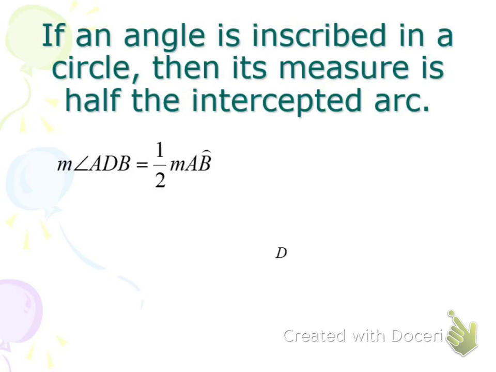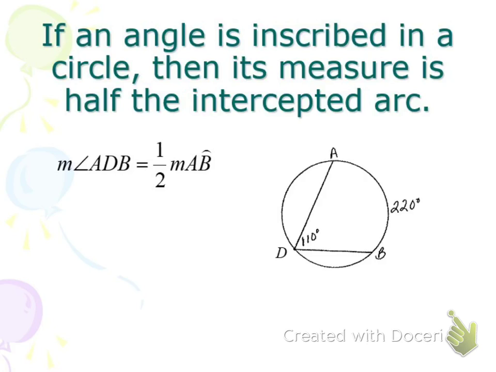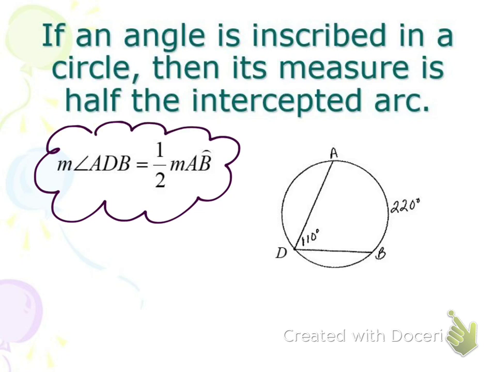If an angle is inscribed in a circle, then its measure is half the intercepted arc. So I would also write down this shorthand version of that, either next to the picture or under the rule. So are the words the rule? Yes, the words up at the top are our rule.